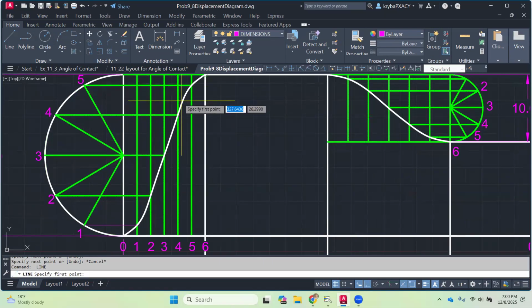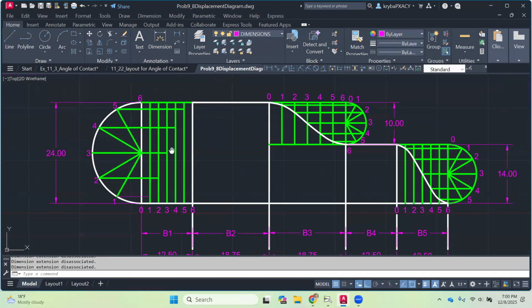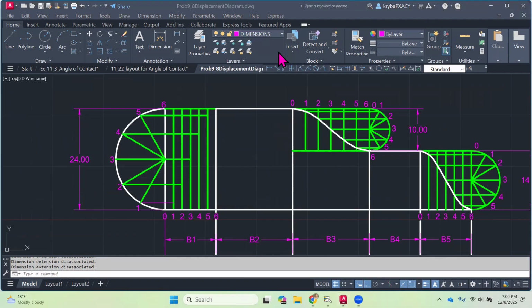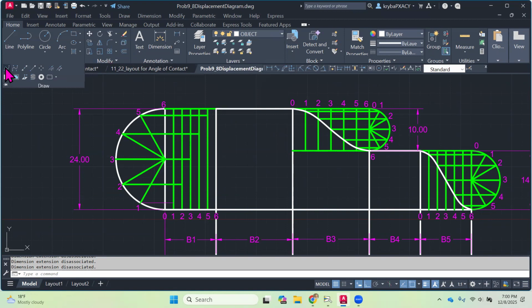Then to create the spline, all I did was I went under draw, Object line. I went under draw, and all the way over to the left is the spline fit.